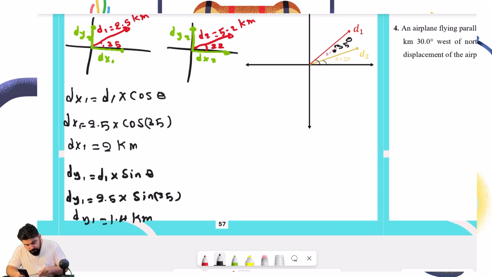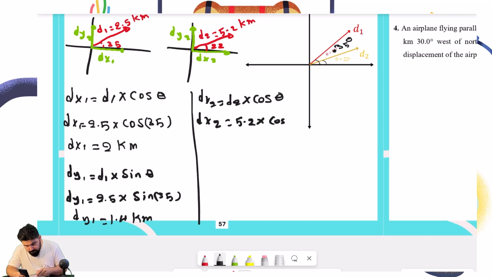What about the second one? This is the first one. So dx2 this time is equal to d2 multiplied by cosine theta, which is 5.2 multiplied by cosine 22. Let's calculate this. We have 4.82, so dx2 is equal to 4.8 kilometers.